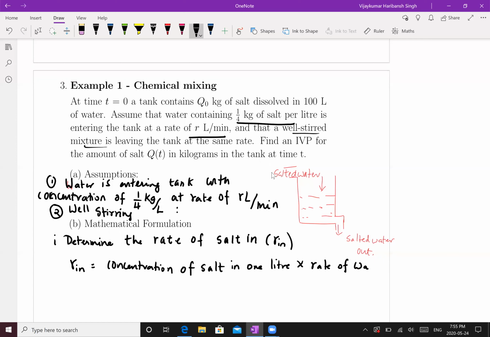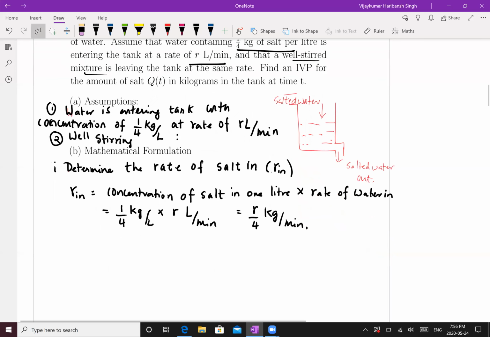So it is 1/4 kilogram per liter times R liters per minute. And that is going to be R/4 kilogram per minute. So this is the amount of salt entering the tank.